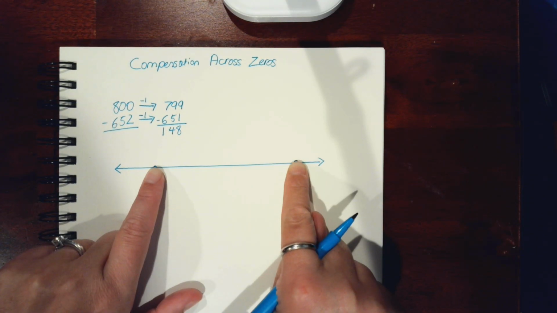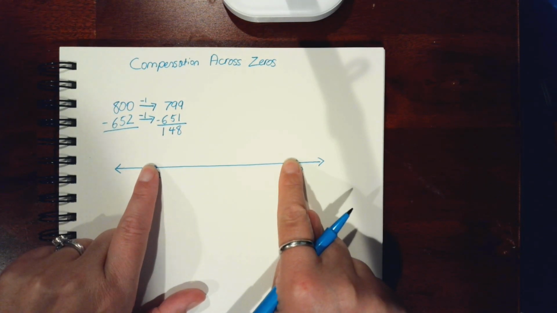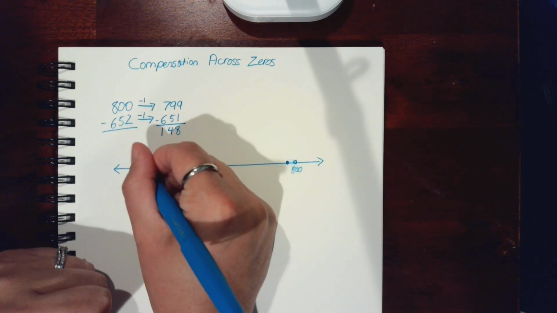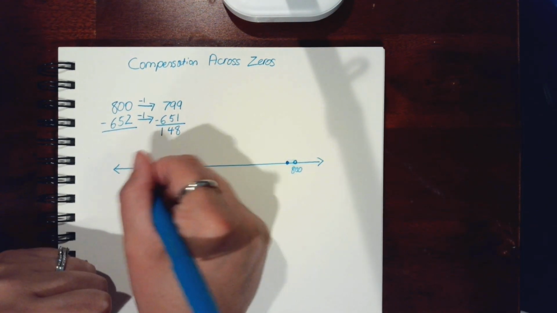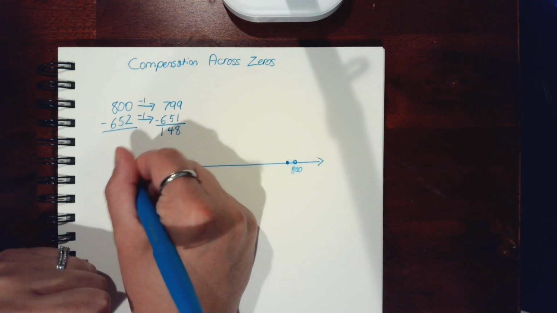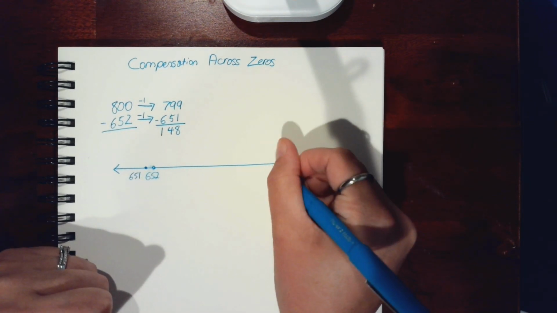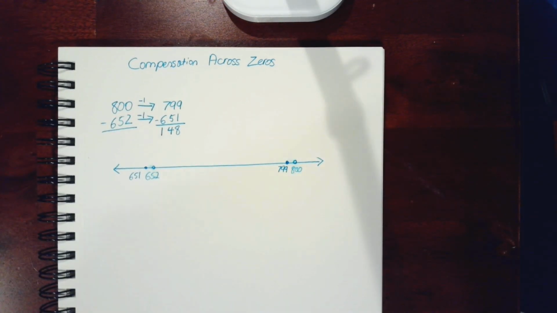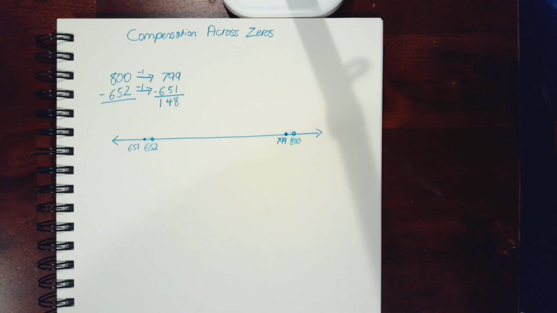Well, if I take them both back 1, I keep the same distance apart from each other, but I'm able to subtract without having to regroup. So by doing that, that keeps the same distance. Okay?